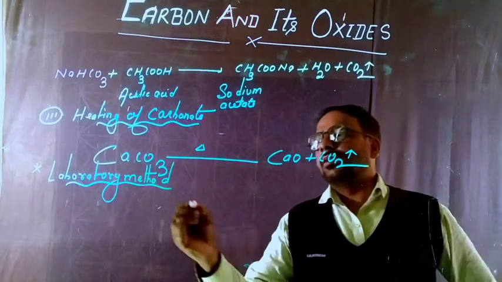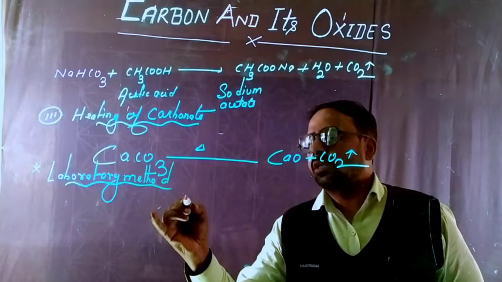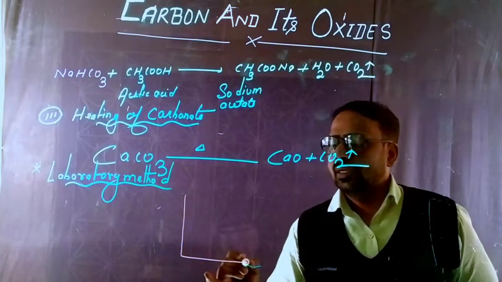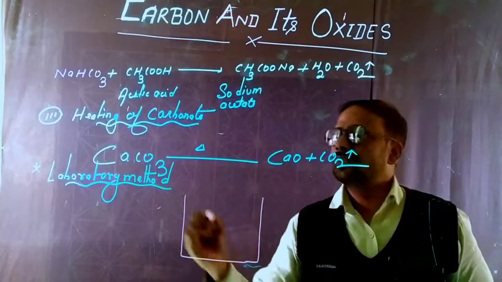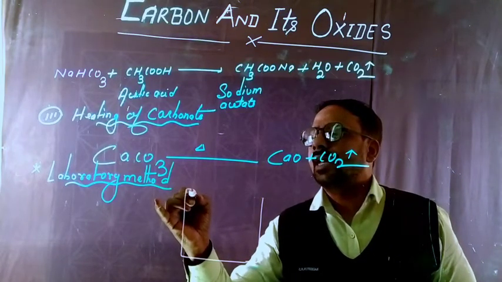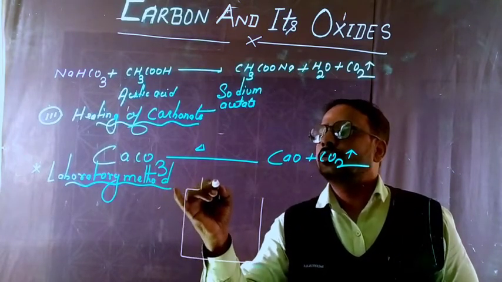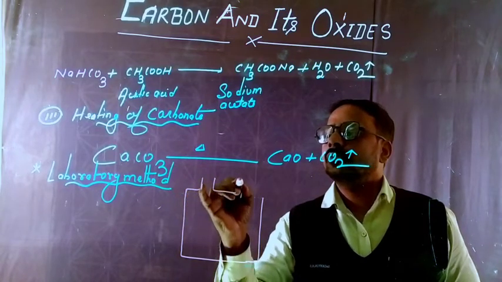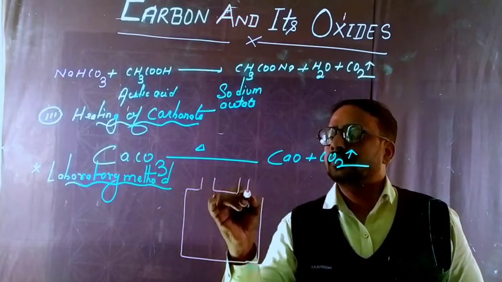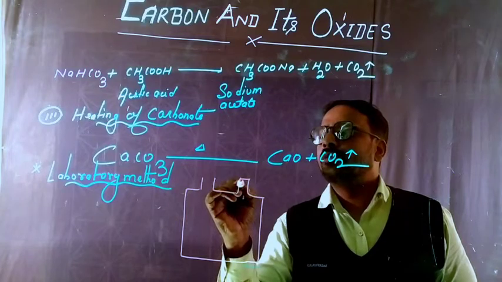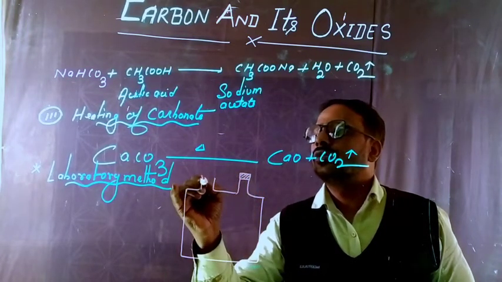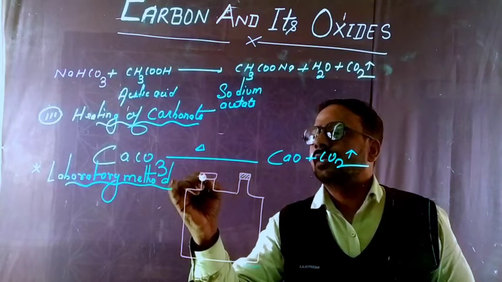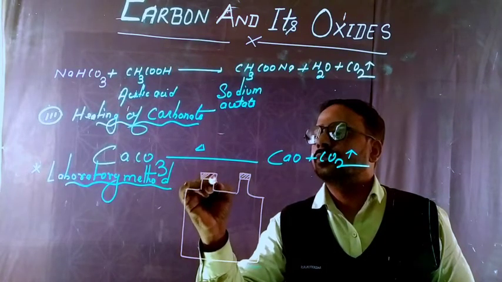So here simply, we'll take the bottle. It is called wolf bottle. It is called wolf bottle because it has two mouths. And both mouths are fitted with a cork so that gas cannot evolve through it.